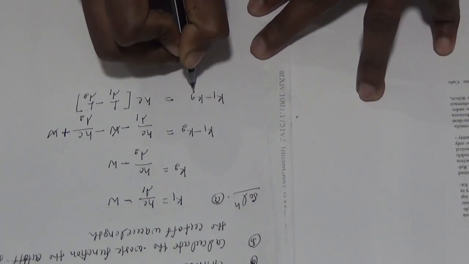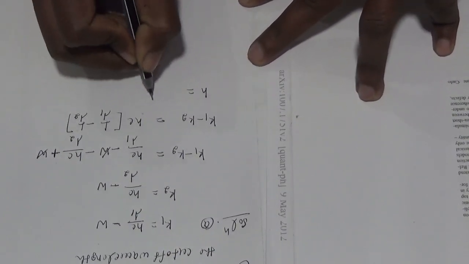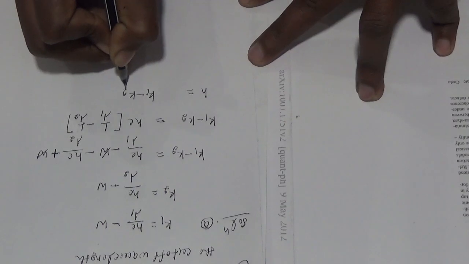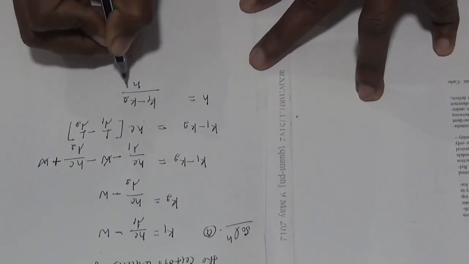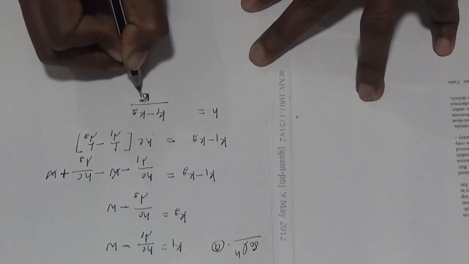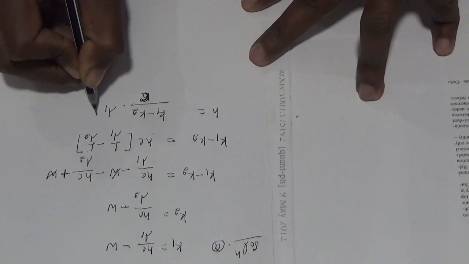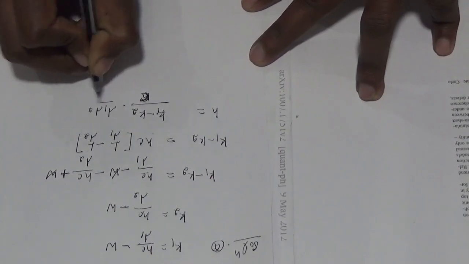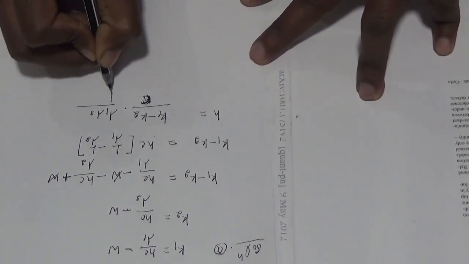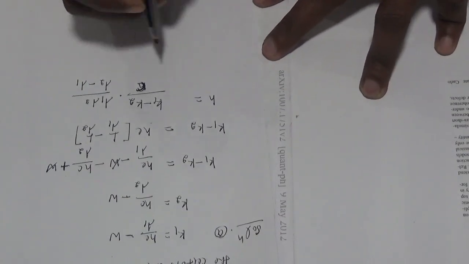From here h is equal to (K1 minus K2) upon c into lambda 1 lambda 2 upon (lambda 2 minus lambda 1).